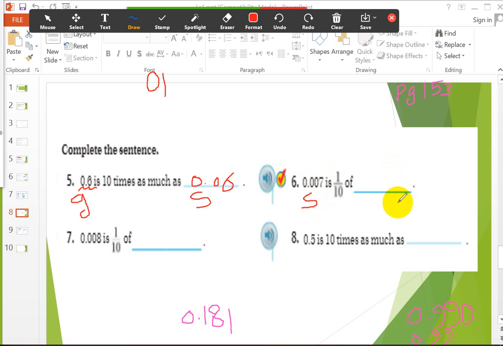And I want to find the greater one or the larger one. The larger number. So in this sentence, as we learned, this number is less than a number by 10 times. So I want to find the number that is greater than 0.007 by 10 times.